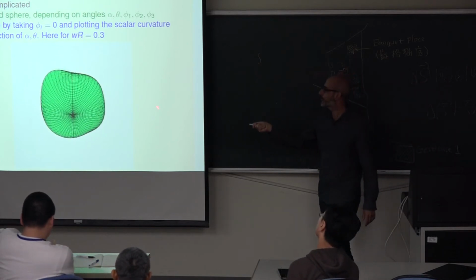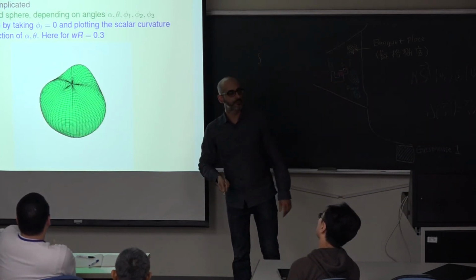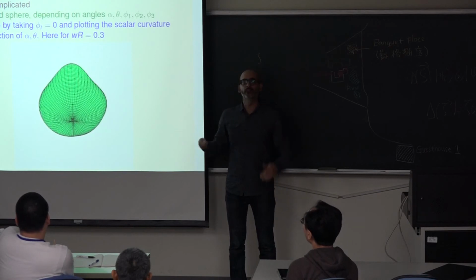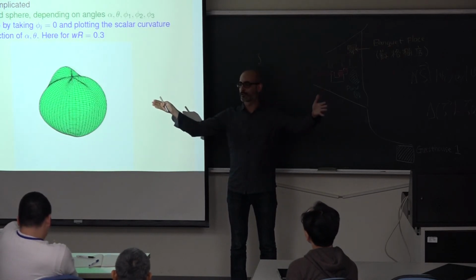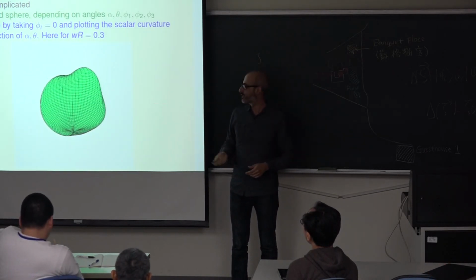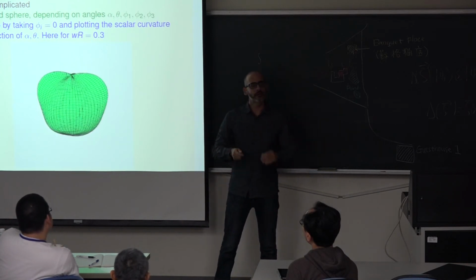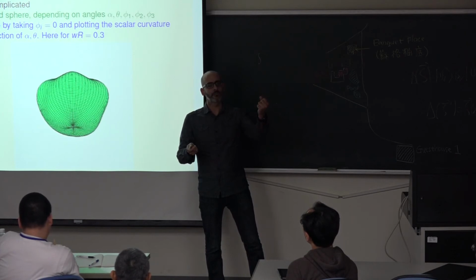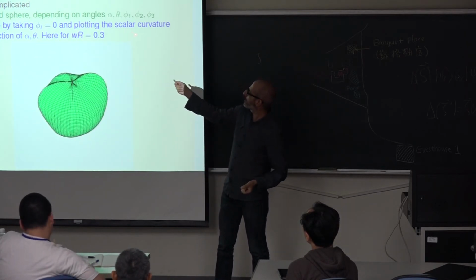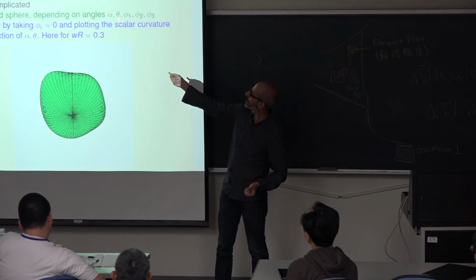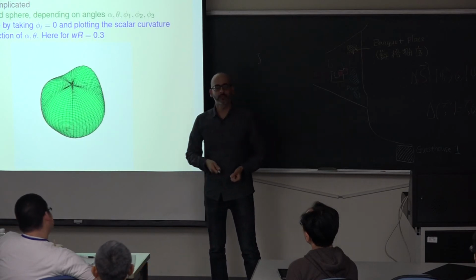So basically, what I've done here is I've plotted. I do not know how to make a proper embedding of this manifold in 3 dimensions. That's a complicated construction. But I can plot the scalar curvature of this manifold against 2 of these angles. There are 5 angles. Let's choose alpha and theta, and I can get something like this.